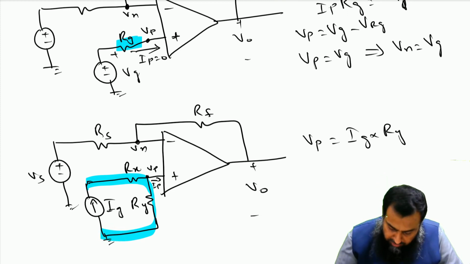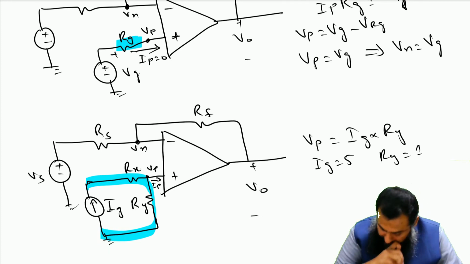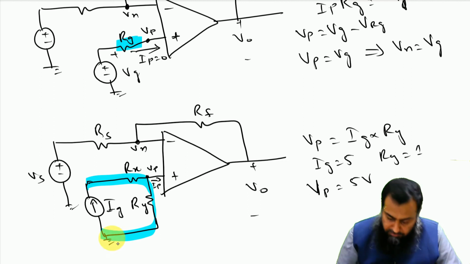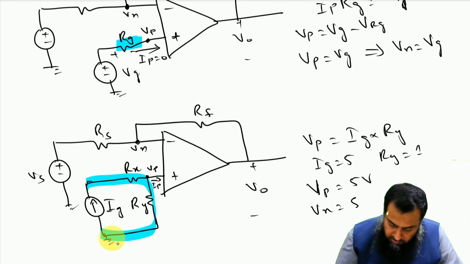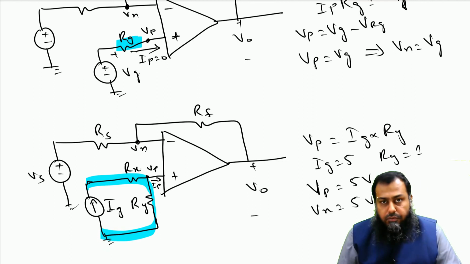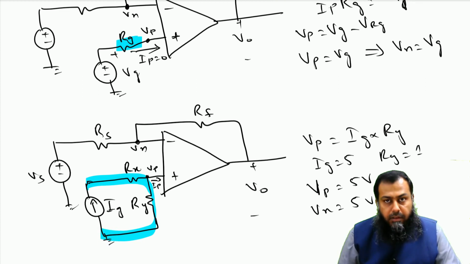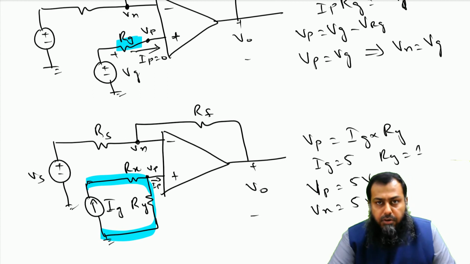For instance, if Ig is equal to 5 and Ry is equal to 1, then Vp equals 5 volt, and therefore Vn is also equal to 5 volt. Notice that there is no way to directly calculate the value of Vn and then move on to Vp. So identifying either side is very important for finding the voltage at the inverting input or at the non-inverting input.